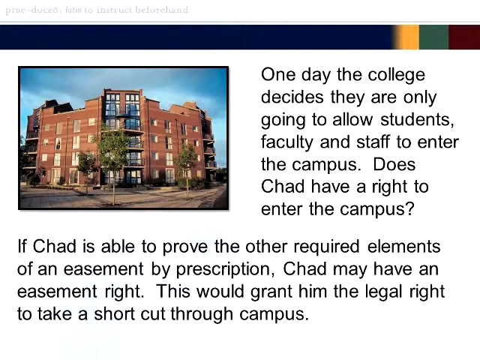One day, the college decides that they are only going to allow students, faculty, and other staff to enter the campus. Does Chad have the right to enter the campus? If Chad is able to prove the other required elements of an easement by prescription, Chad may have an easement right. This would grant him the legal right to take a shortcut through the campus.